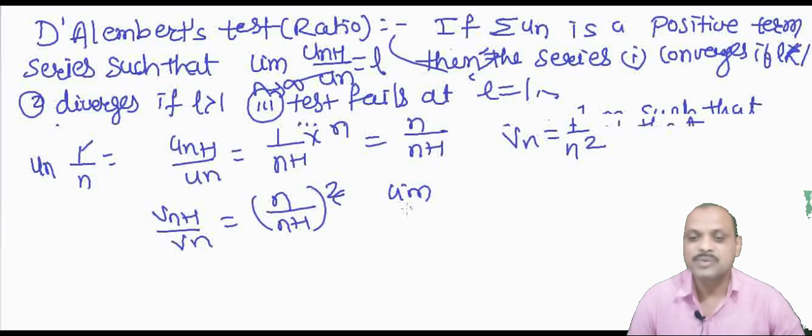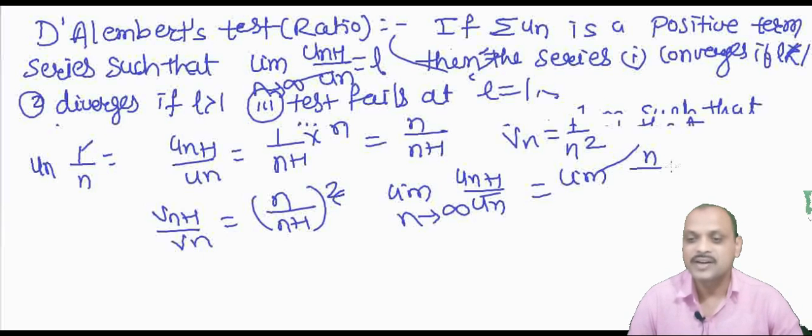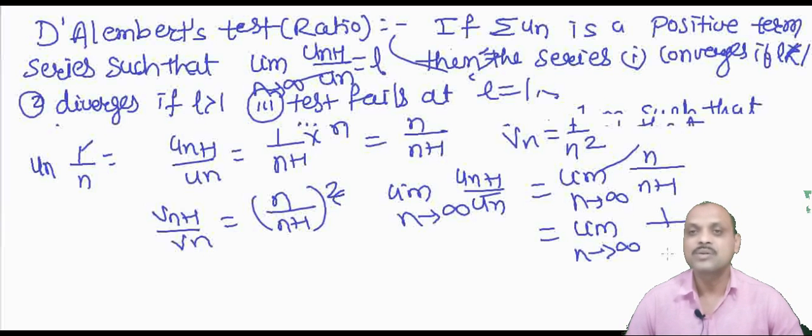Now let us take the limit of u_(n+1) divided by u_n as n tends to infinity. This will be the limit of n divided by n plus 1 as n tends to infinity. Dividing numerator and denominator by n, we get 1 in the numerator and 1 plus 1 divided by n in the denominator. As n tends to infinity this 1 by n will be 0, so we get the limit as 1.